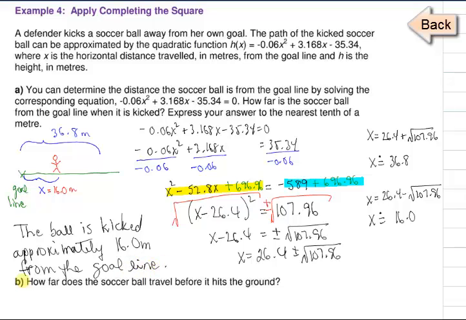So B: how far does the soccer ball travel before it hits the ground? We're going to use our two values from A to work this out. We want to know how far the ball travels from the moment it's kicked to when it hits the ground. So it gets kicked here, and it's going to land on the ground around here.